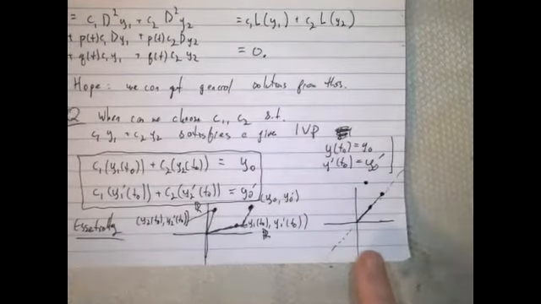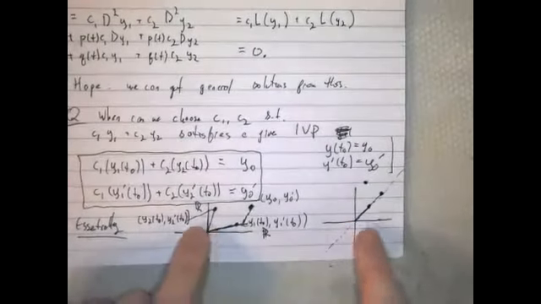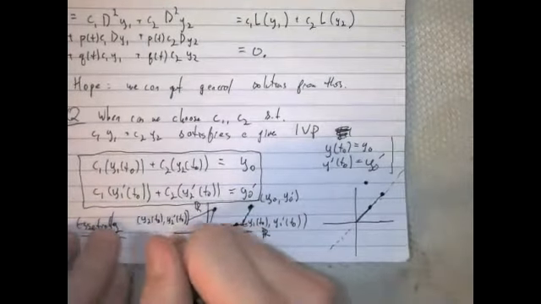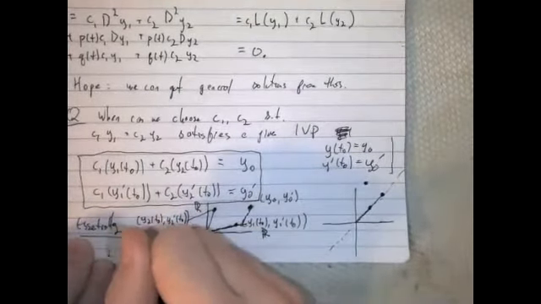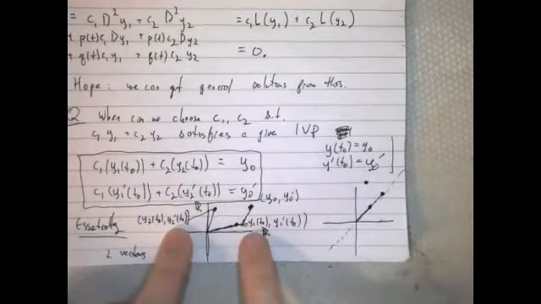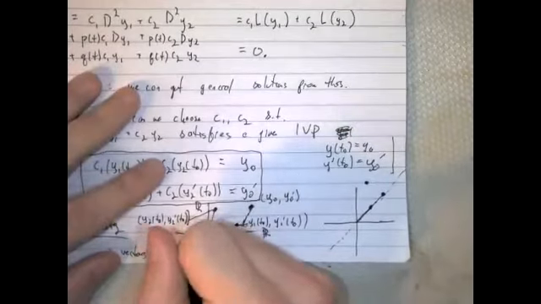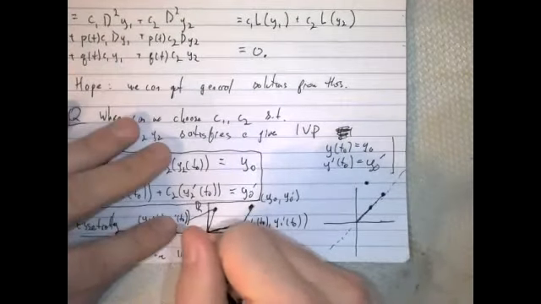Okay, so we have important words that we use to describe these two very different situations. Here, the two vectors given by y1 prime and y2 prime are linearly independent.